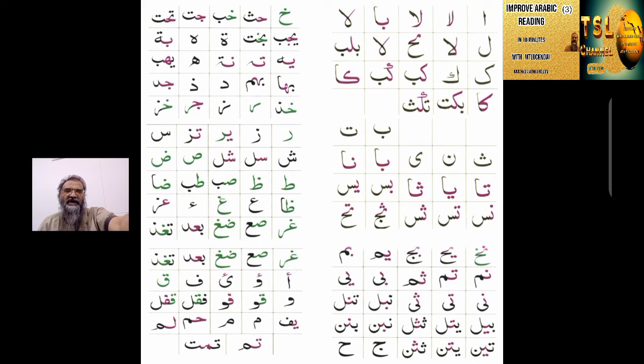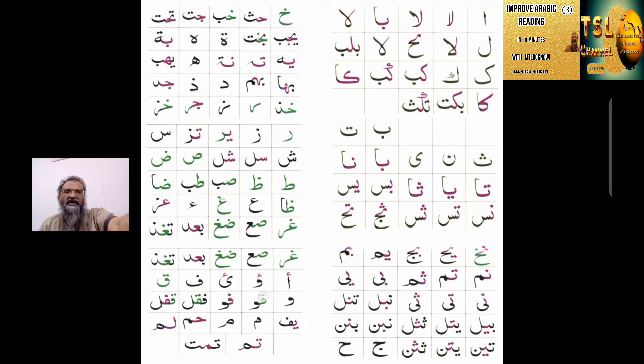alif, hamza waw, hamza ya, fa, qaf. We should note here the face of fa and the face of qaf are the same, the difference is only by 1 dot and 2 dots.